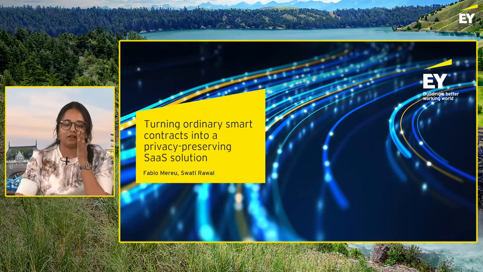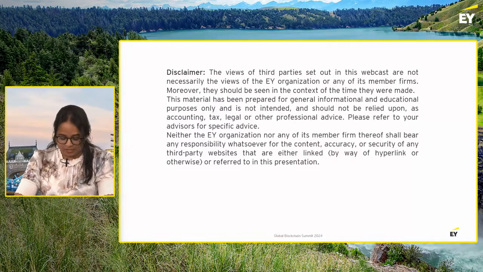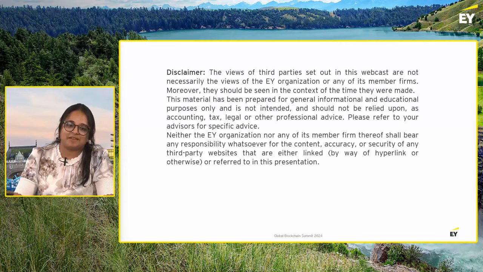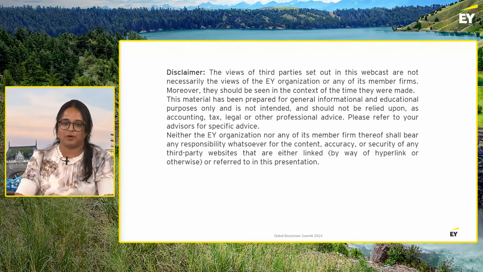So how we turn the ordinary smart contracts into privacy preserving SaaS solutions. So this is just a disclaimer slide that this is just a technical talk for your educational purposes and not to be relied upon for any professional advice from us.